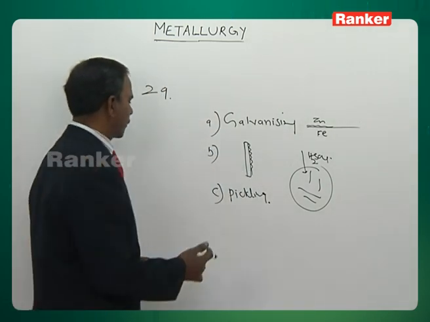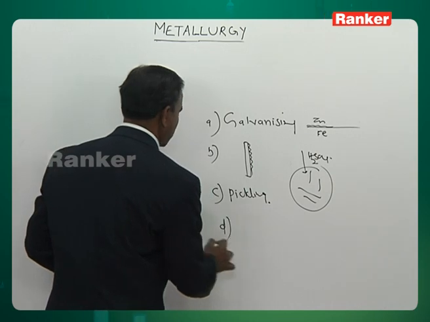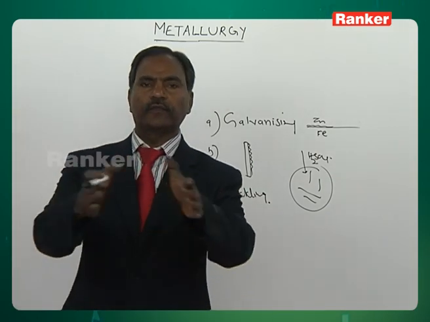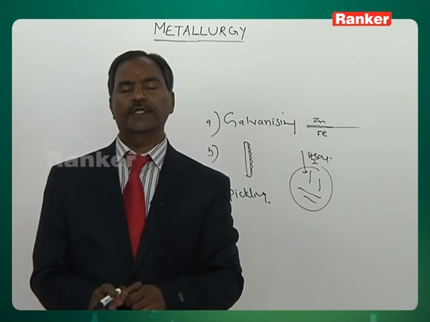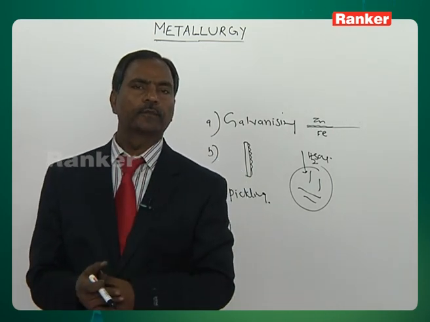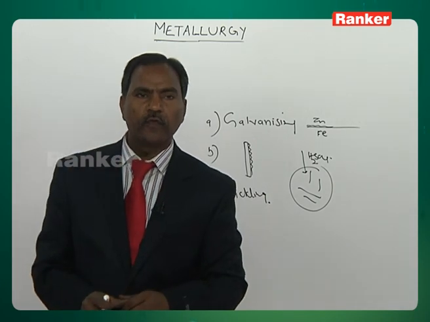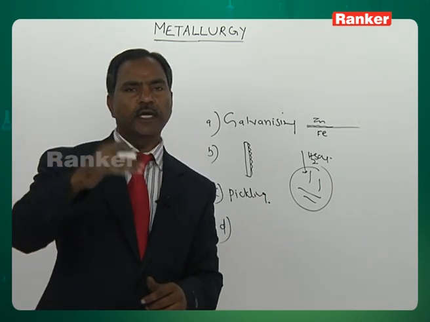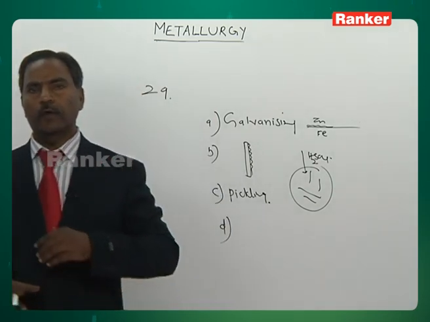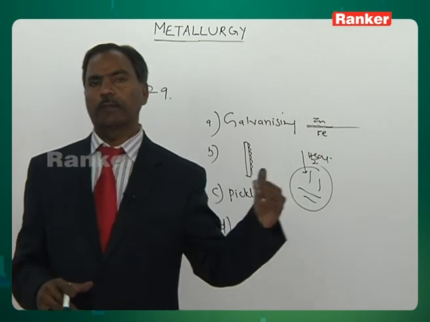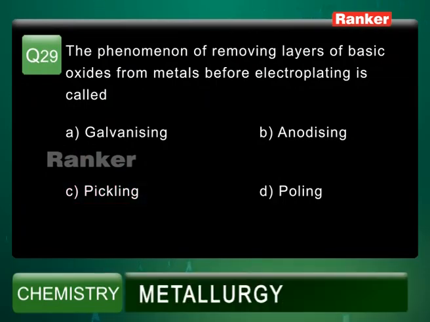Next, D. Polling is nothing but green poles of wood used for stirring the molten mixture. That we call polling. Therefore, the removal of basic oxide layers by using sulfuric acid is known as the pickling process. Therefore, question number 29, answer is C.